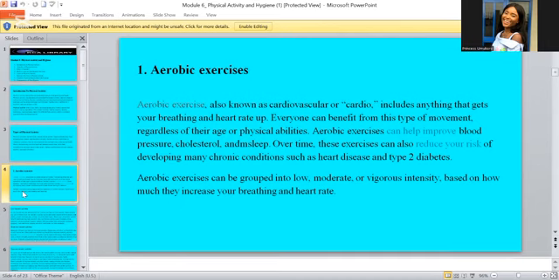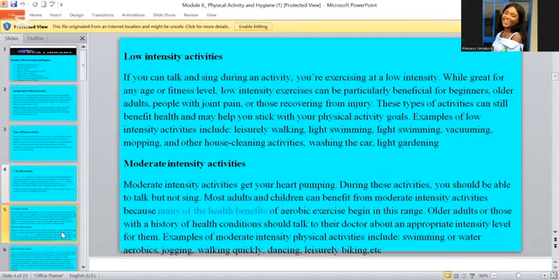Now, aerobic exercises can be grouped into low, moderate, or vigorous intensity based on how much they increase the breathing and heart rate. Low intensity activities: if you can talk and think during an activity, you're exercising at a low intensity.